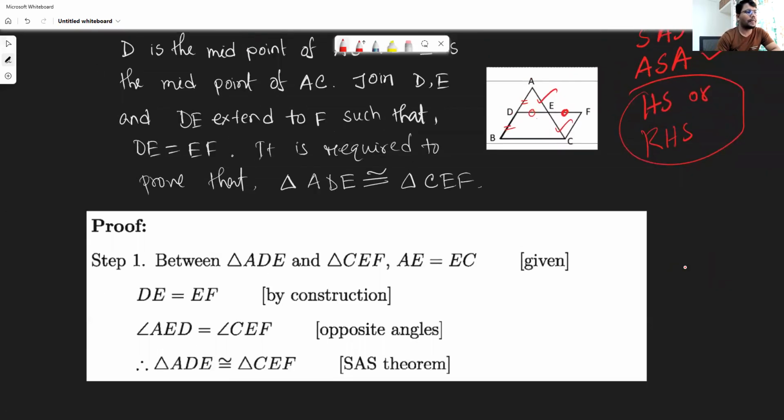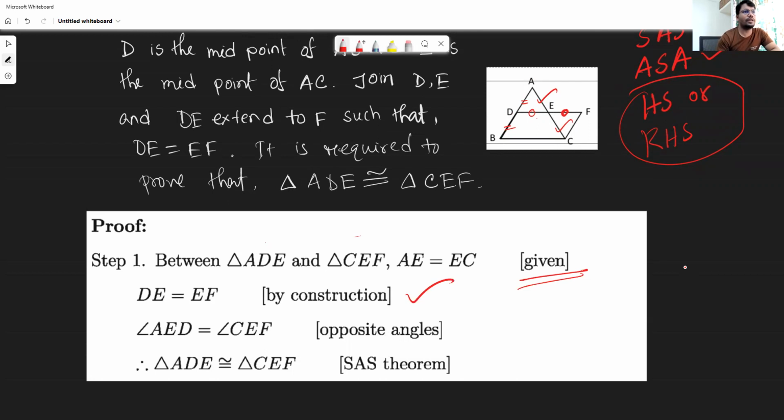Okay, first step. In this triangle and this triangle, we see AE is equal to EC. This information is given because E is the midpoint. DE is equal to EF by the construction. We produce DE up to F such that DE is equal to EF.